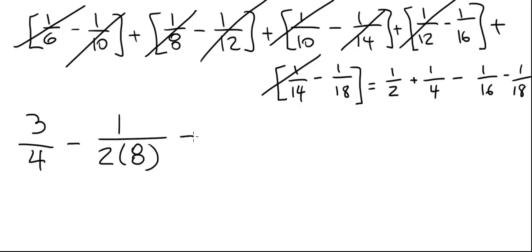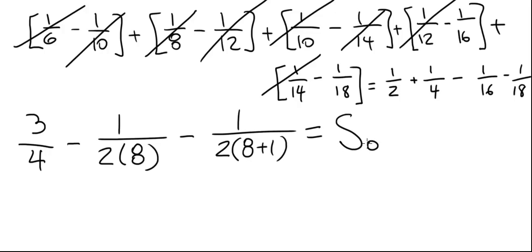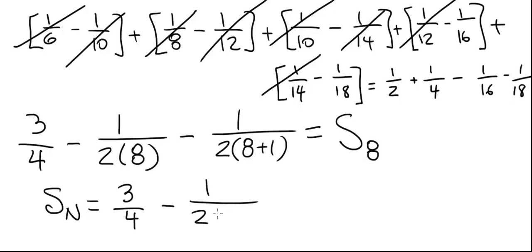And 1/18 can be written as 1 divided by 2 times the last number plus 1. So this is a formula for S8. This is what S8 is going to be. We can generalize this to Sn by, we still have the 3 over 4, but then minus 1 divided by 2 times the last number, which is n, minus 1 divided by 2 times the last number n plus 1.